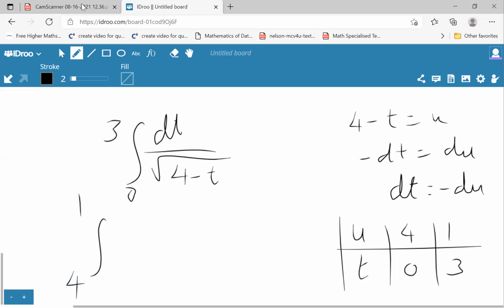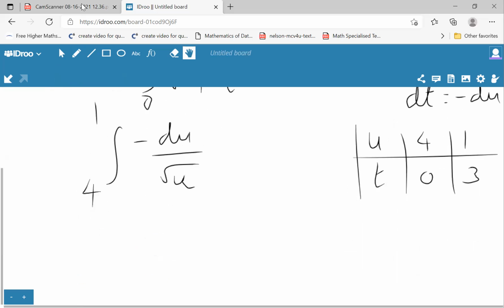In the place of dt, I'll put minus du by root u. When you have a negative symbol, by property of integrals, you can change the limits, so you can write it as 1 to 4 and get rid of the negative symbol.